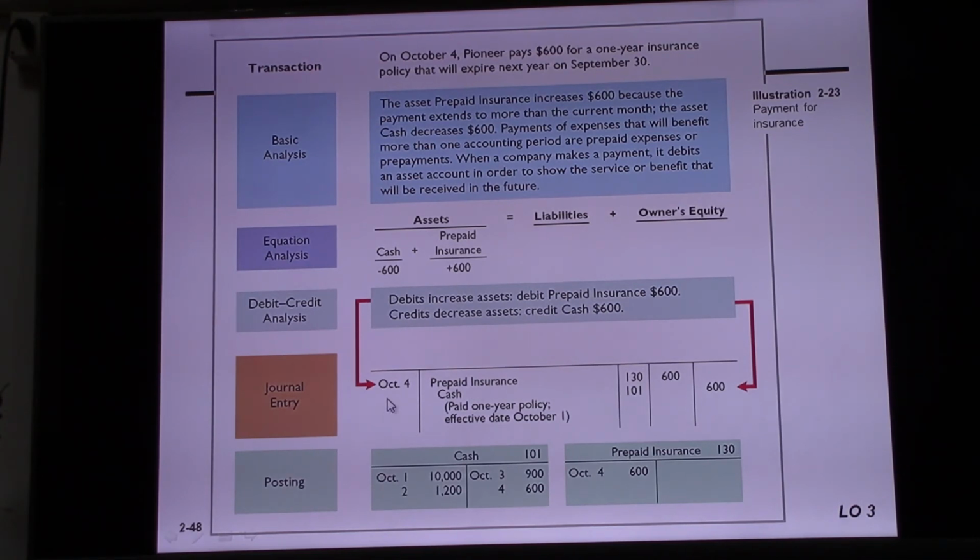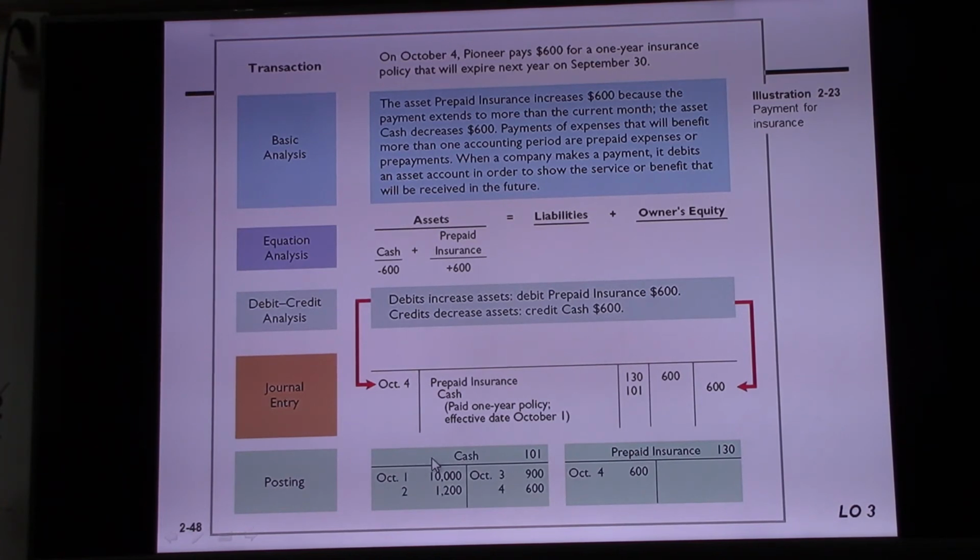We will journalize this entry, so first you should write the date, October 4. Prepaid insurance is an asset, should be written in the debit side. Cash decreases, and cash also is an asset, but when cash decreases, it will be written in the credit side. Then you should perform a T account.